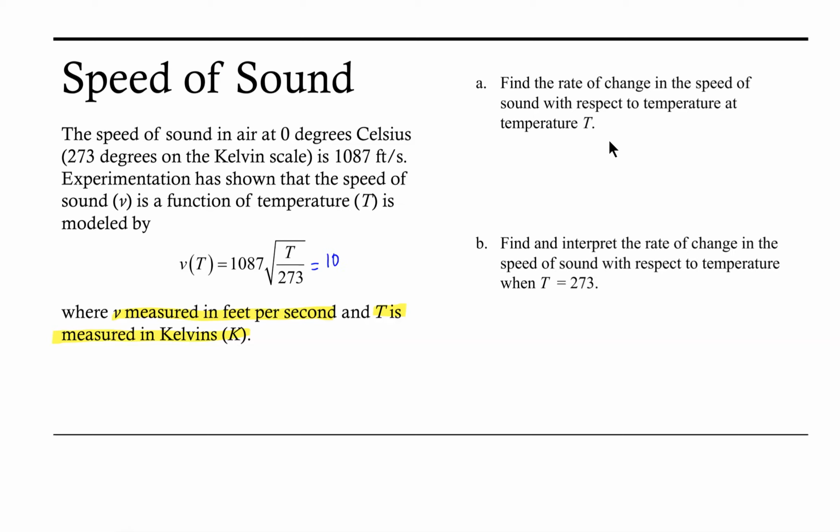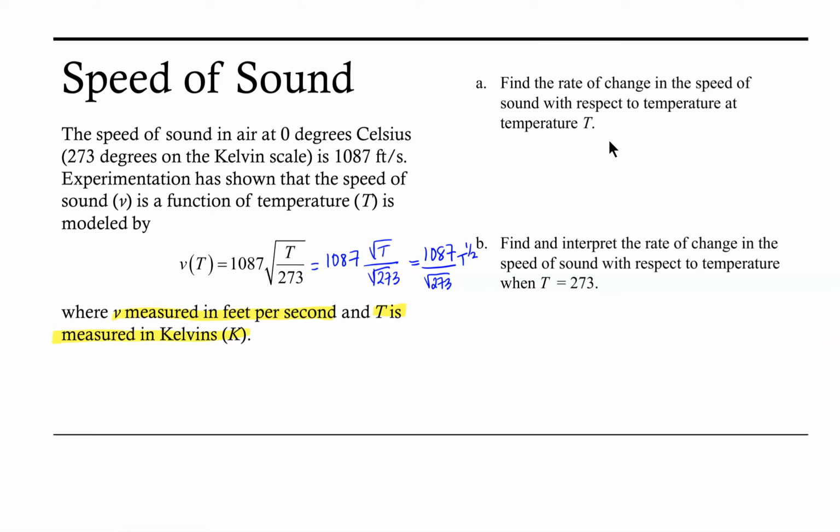Let's rewrite this as 1087 over the square root of temperature over the square root of 273. And we could even rewrite that as 1087 over square root 273 times t to the 1/2 power.